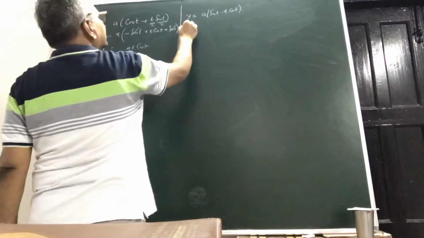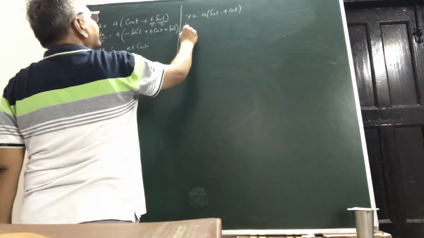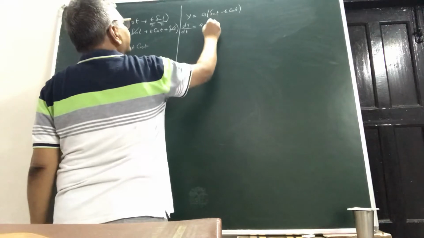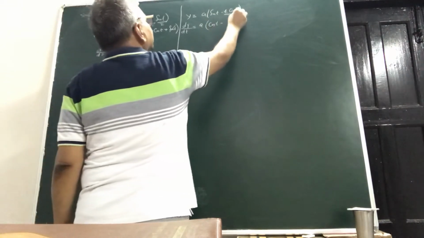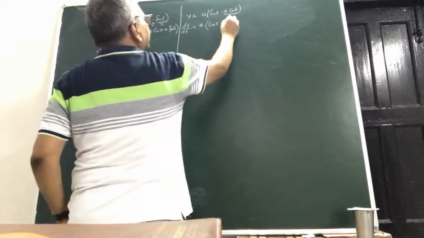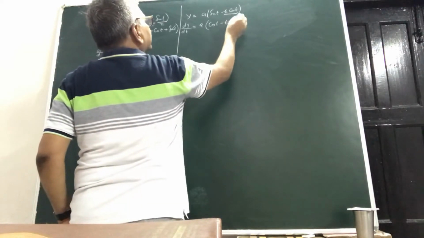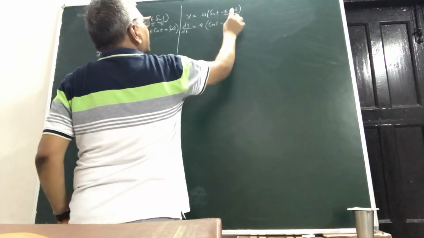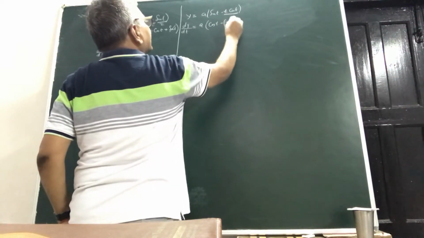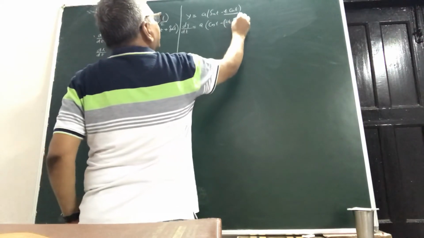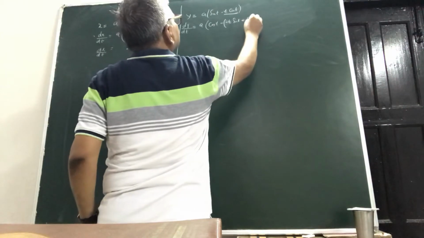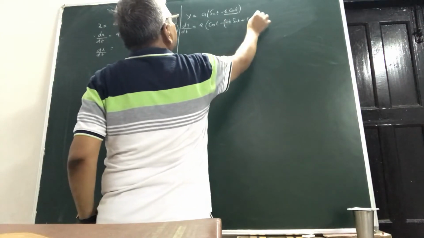Likewise here, dy by dt will fetch you what? Here again, a sin t, derivative cos t, minus. This is again the product of two functions. So first function t, derivative of cos t, that is minus sin t. Please see, it is t, then minus sin t, and plus what else? cos t and derivative of t, that is 1.